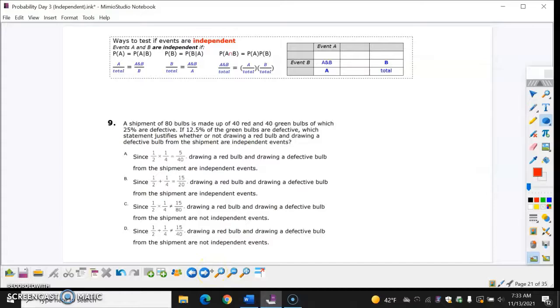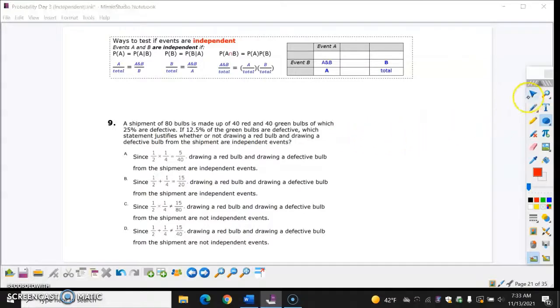It says a shipment of 80 bulbs is made up of 40 red and 40 green bulbs, of which 25% are defective. If 12.5% of the green bulbs are defective, which statement justifies whether or not drawing a red bulb and drawing a defective bulb from the shipment are independent events?